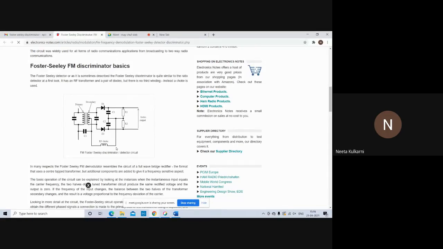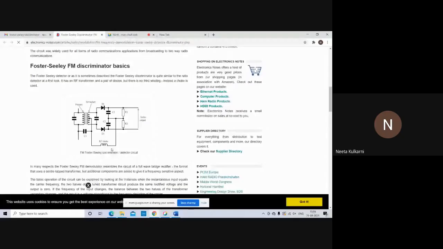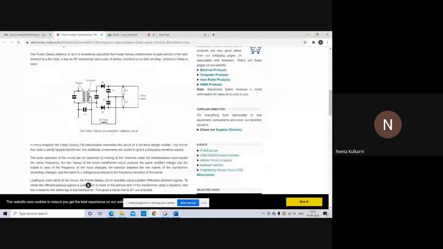So the function of the choke is, if in the output some amount of RF signal components are present, or some higher frequency components are still present in the output, then they are removed with the help of this RF choke. Okay, so that is the additional function. In many respects the Foster-Cini demodulator resembles the circuit of a full wave bridge rectifier.